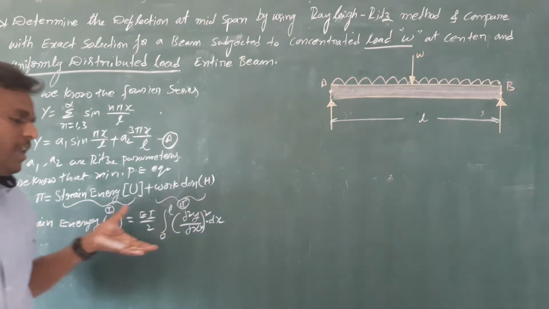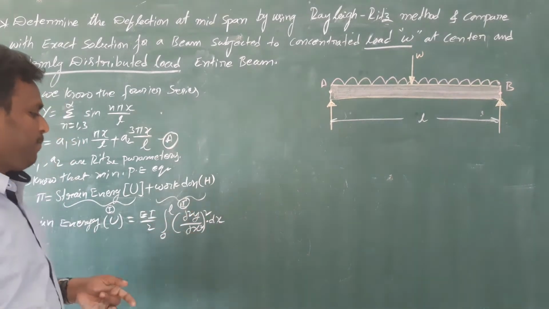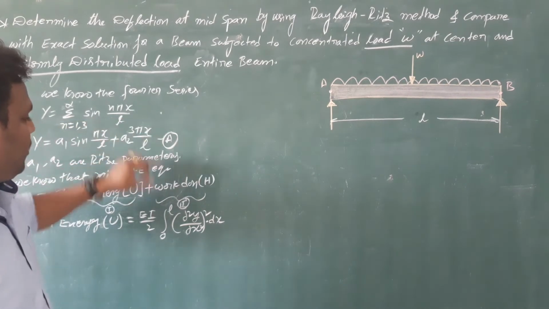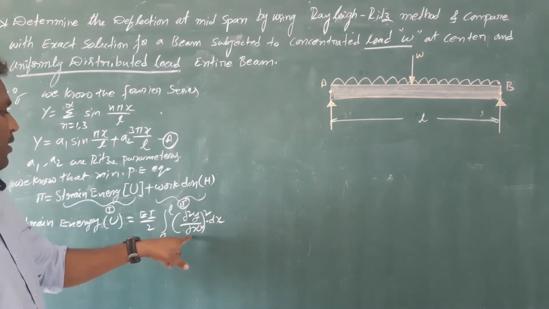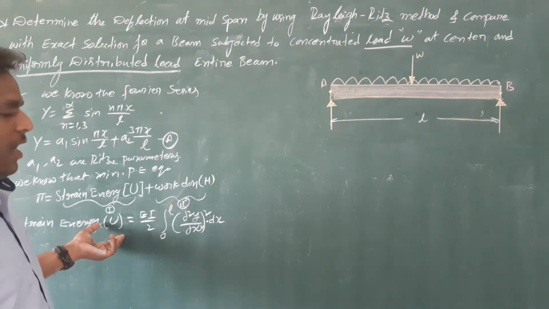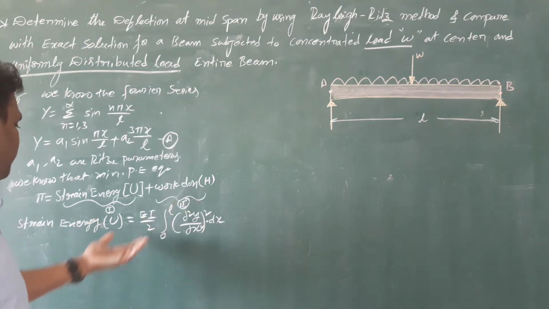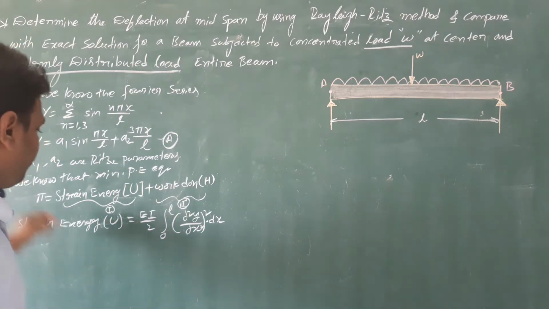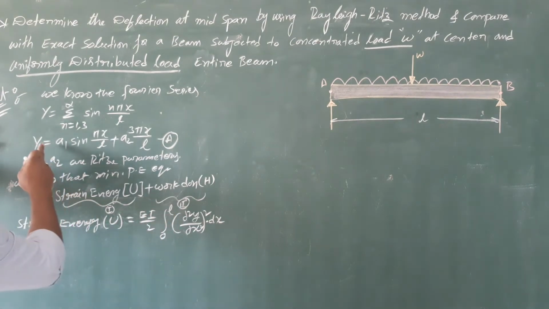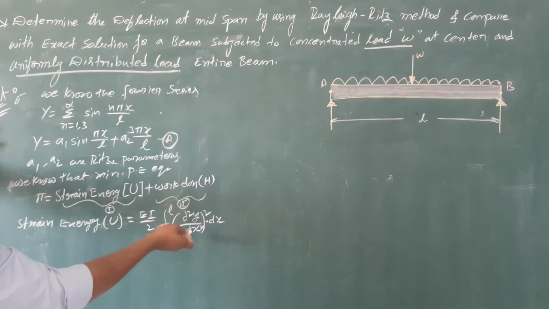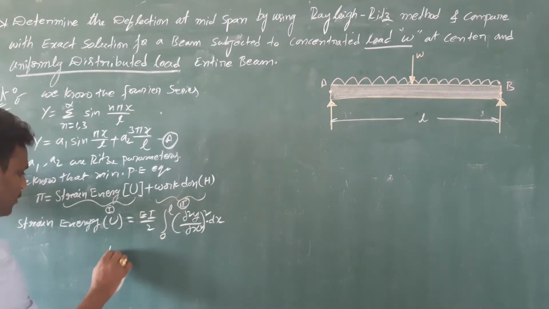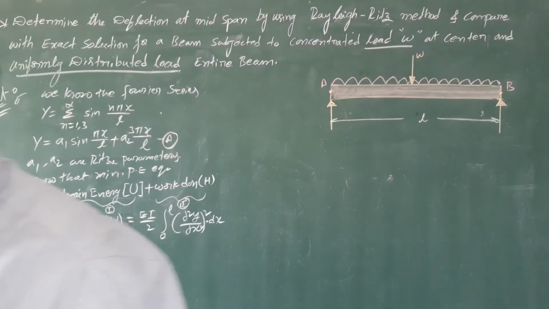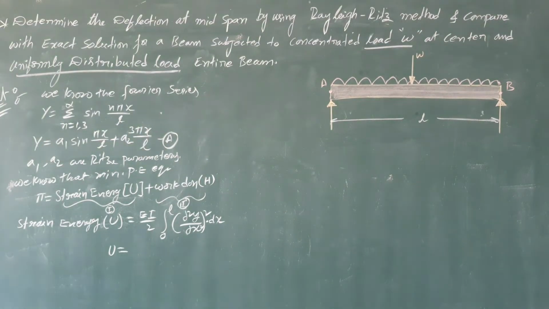This is the strain energy equation for a beam element. We know the y value here, so differentiate twice and substitute here, then we will get the strain energy. I have already derived this in the previous video, so I am substituting it here. Please visit our channel, the uniformly distributed load video is there.